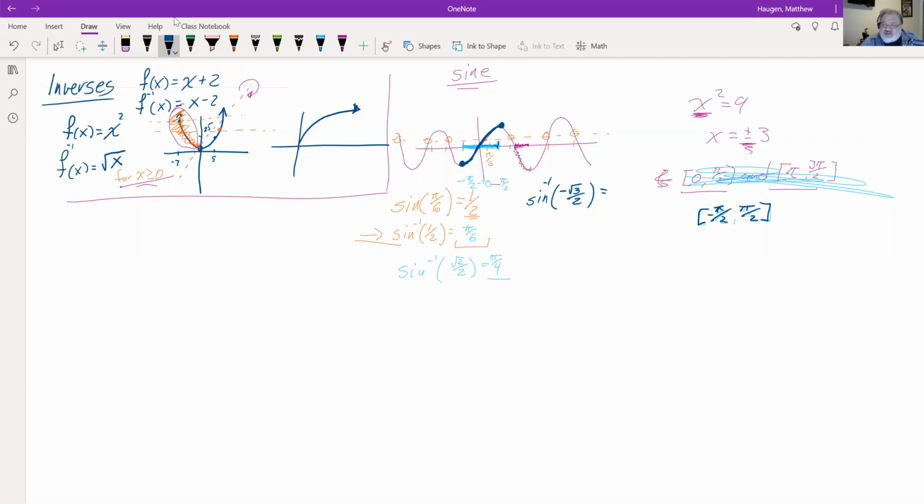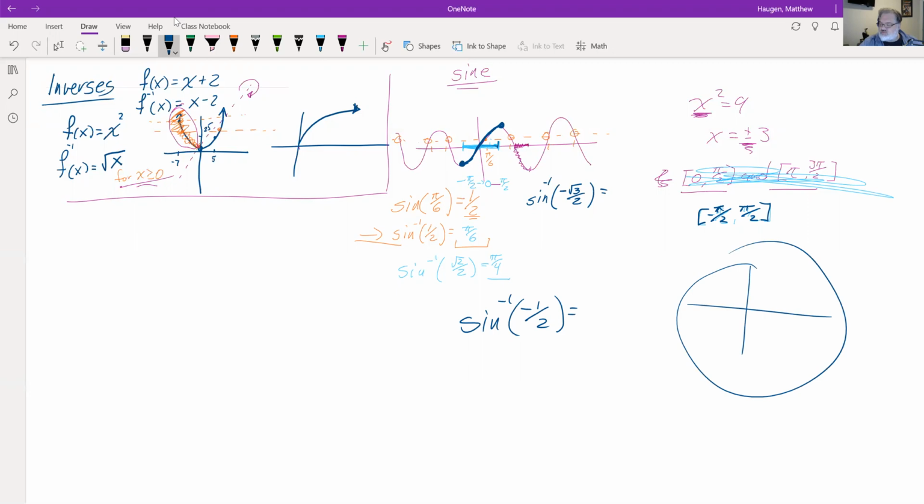So essentially, just like for the square root, we're only allowed to give the positive result, for sine inverse, we're only allowed to give a result that's between negative pi over 2 and pi over 2. So if we ask, what is the sine inverse of negative 1/2, we go to our unit circle and look where sine is negative 1/2.